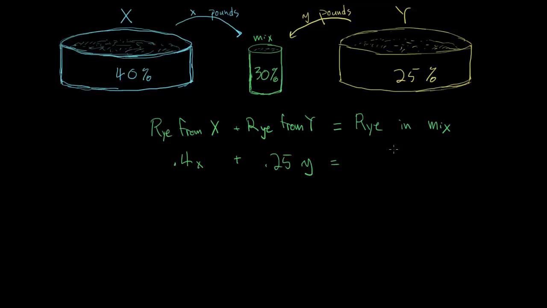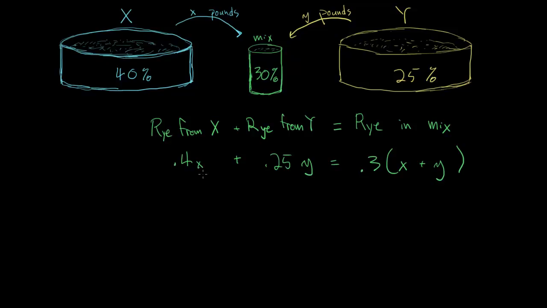And that's going to equal the rye in the mixture. And we know that the rye in there is 30% of the stuff in there. So what's the stuff in here? Well, it's these x pounds plus these y pounds, right? So 0.3 of x plus y. And now we have an equation that we can do some work with.